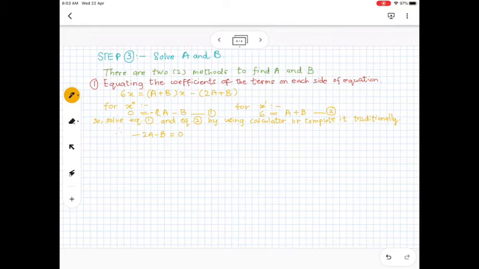That is your first equation. And your second equation is a plus b equals 6. Now, we want to eliminate b so that we can solve for a. So what I do here is add equation 1 and equation 2 so that we can cancel out, remove, or eliminate b.